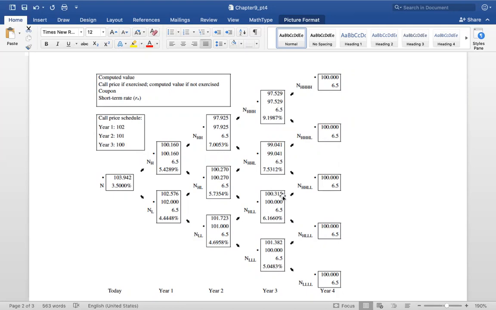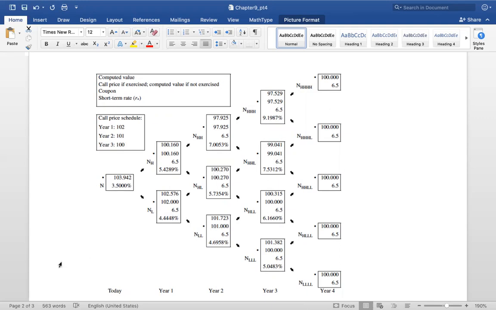Now this is above 100, and we put the 100 call price here, and this 100 is now used to calculate this 100.270 value here. Similarly, this value is below 100, so we put the same value, but this value is above 101. The second year call price is 101, so we put 101 similarly here.